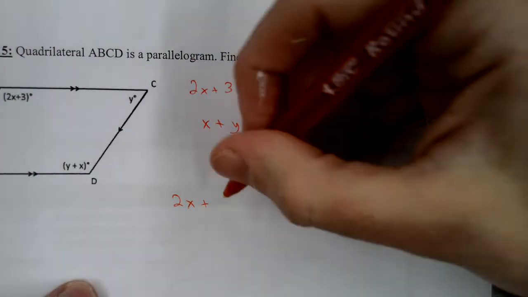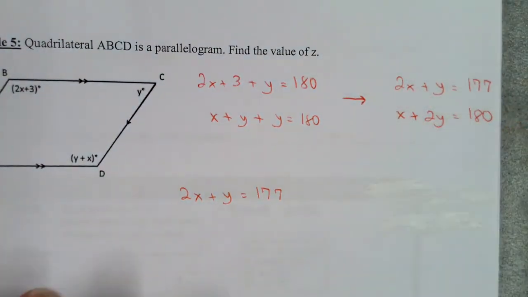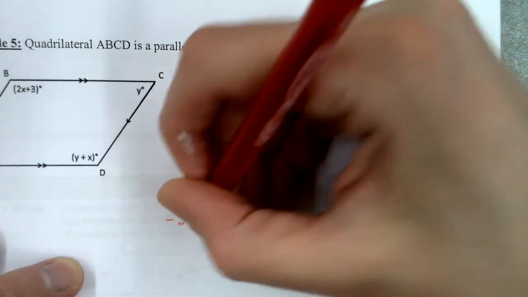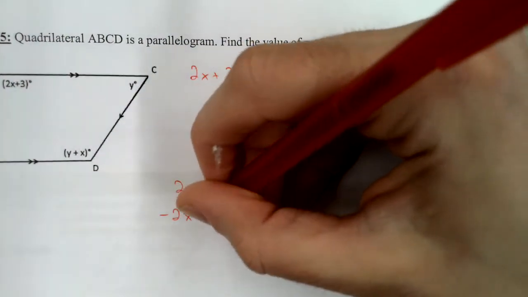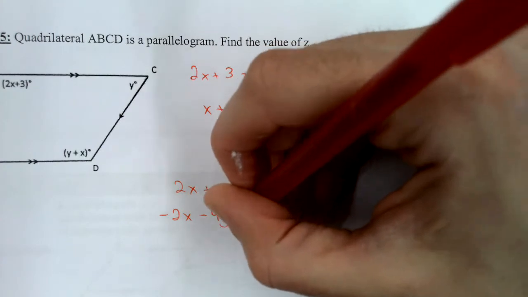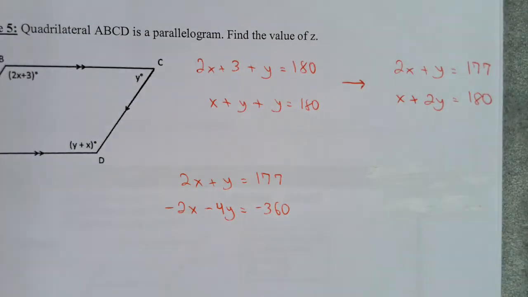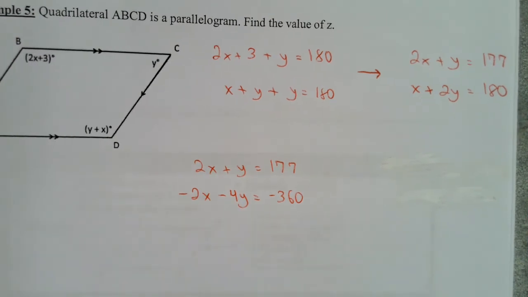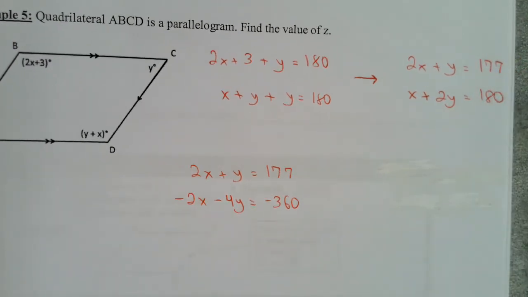2x plus y equals 177. Let me multiply the bottom equation by -2 to get -2x minus 4y equals -360. I left the top equation alone, and I multiplied the bottom equation by -2.